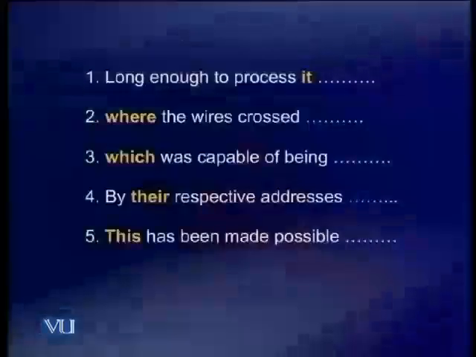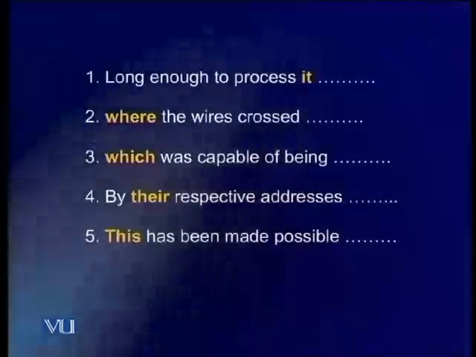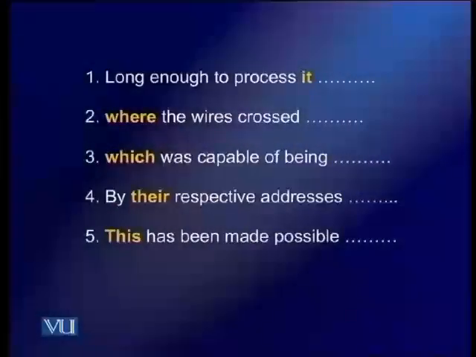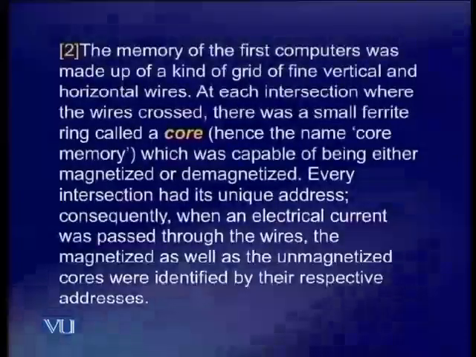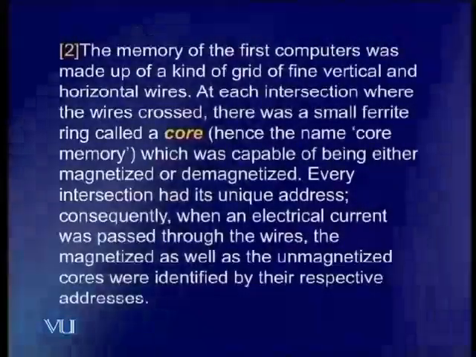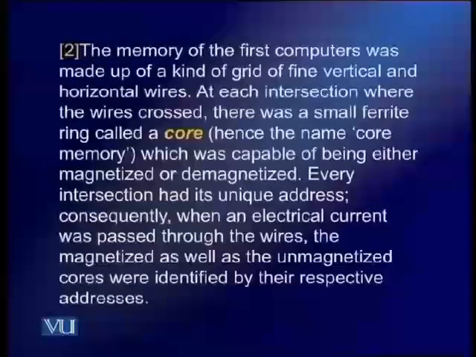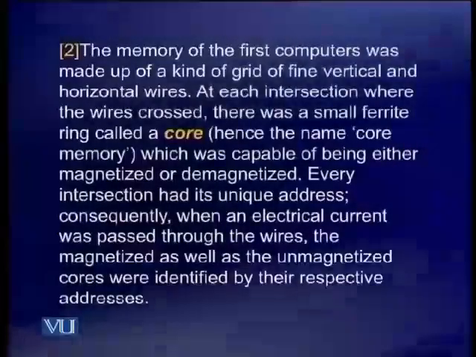The intersection where the wires crossed. Where refers to the word intersection. Number 3, which was capable of being. Look in paragraph 2, find this phrase, which was capable of being. And the highlighted word is which. What does which refer to?